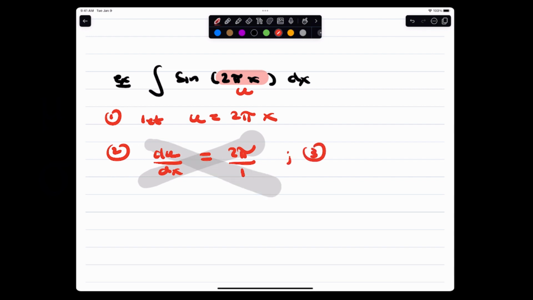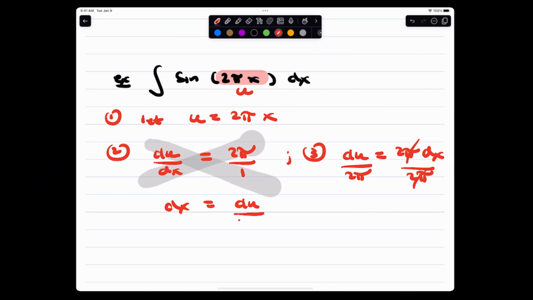So in step 3, you get du times 1 will be 2 pi dx. Divide both sides by 2 pi. And your dx becomes du over 2 pi.